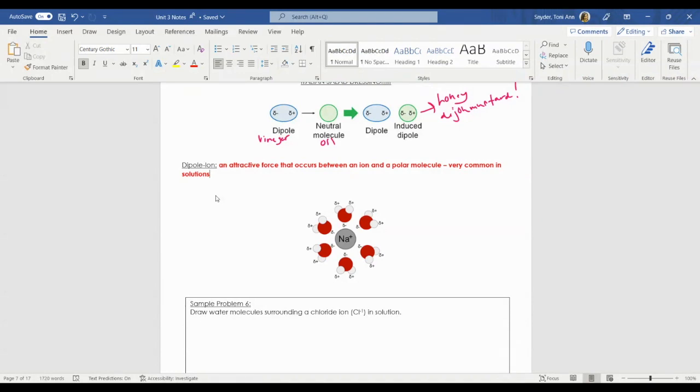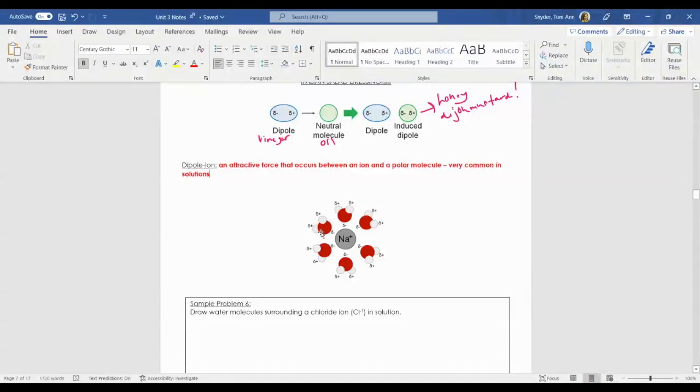They're ions, part of an ionic bond. So these are not as common as some of your other intermolecular forces, but you're only going to find these in solutions, really, because I typically take ionic substances that will dissociate in water, a very polar substance, and we produce things that look like this.